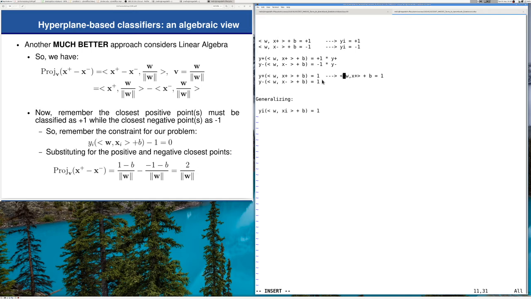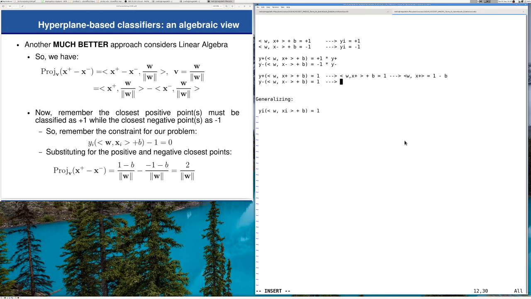And from this, what can I conclude? I can conclude that w dot product with my x plus will be equal to 1 minus b. Take a look over here, 1 minus b.